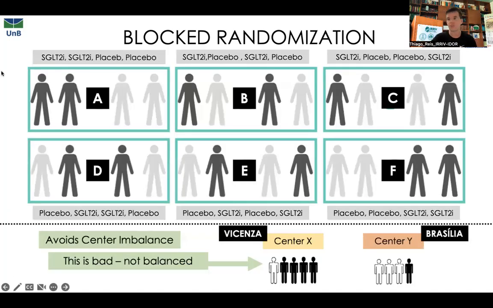So here are some examples. One block can be Dapa, Dapa, placebo, placebo. Another block, Dapa, placebo, Dapa, placebo. Another block, the other way around. And so we have many different possibilities.